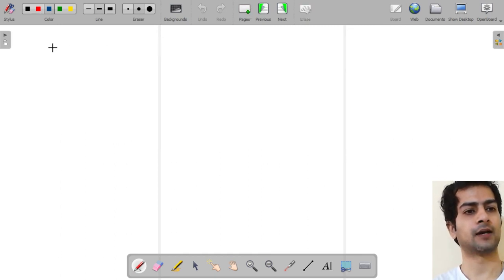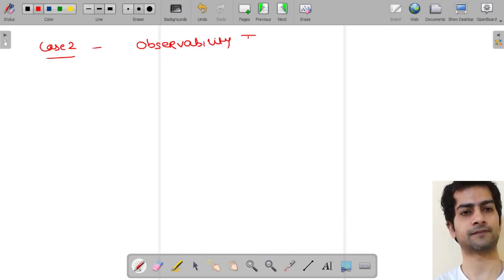Now coming to case 2, that is how to find whether a system is observable or not. So I can write it observability test. Here also same thing. Suppose A is a matrix of order n cross n, that is rank of A is equal to n.